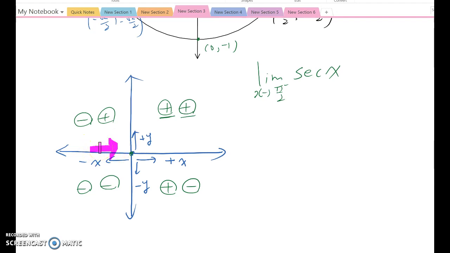And because we know at pi over 2 secant x has a vertical asymptote, we can assume the one-sided limit is going to be either positive infinity or negative infinity. Now just find the sign: plus over minus, which is minus, right? Therefore this limit becomes negative infinity.